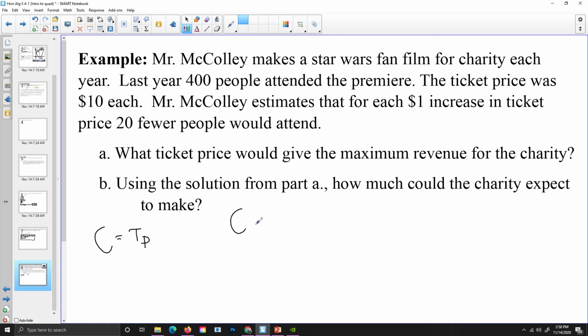So C is going to be our profit for the charity. The T is the number of tickets. And little p is the price.